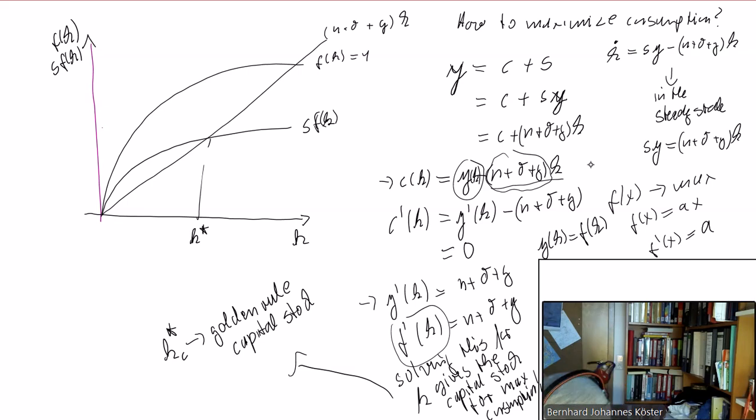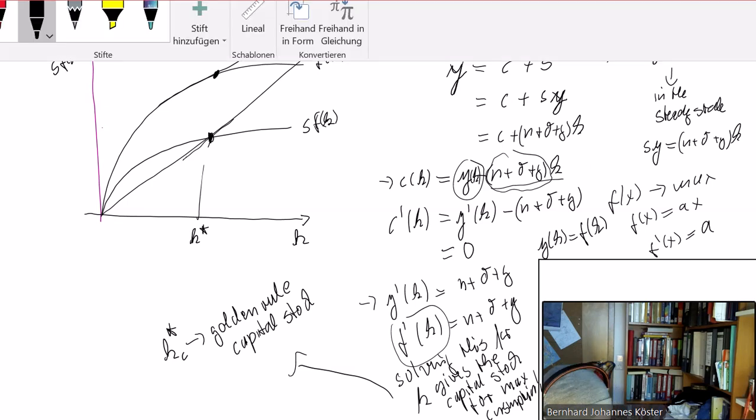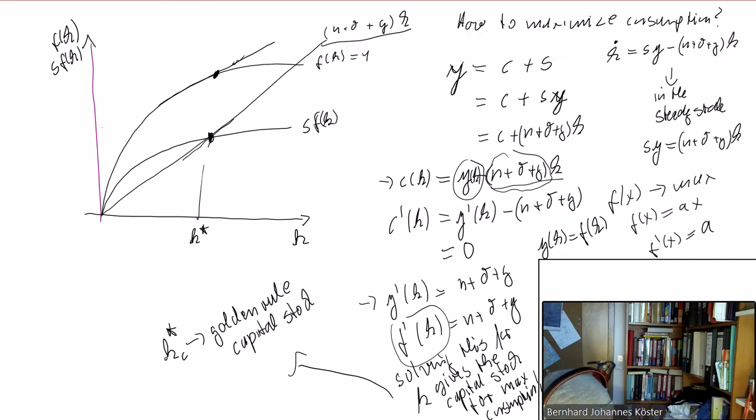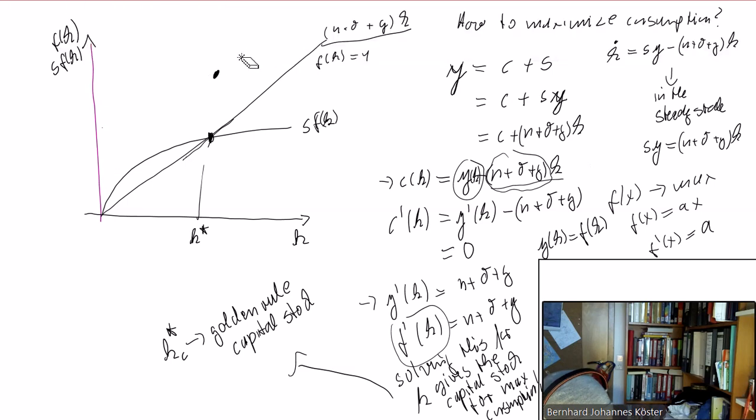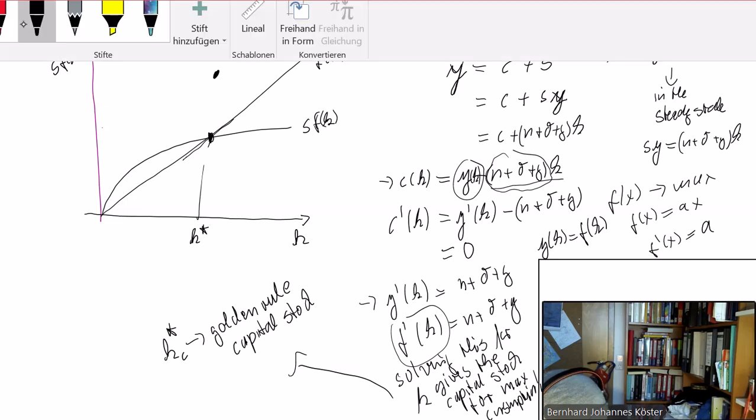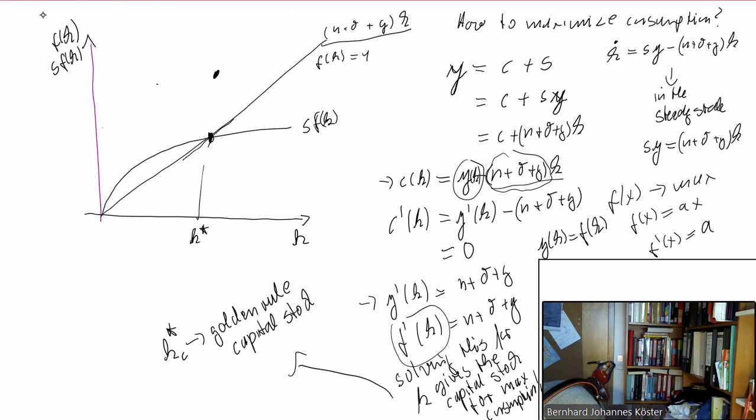This would be the case if in this point the slope of our linear line is equal to the slope, then it would be better I draw this in another way.